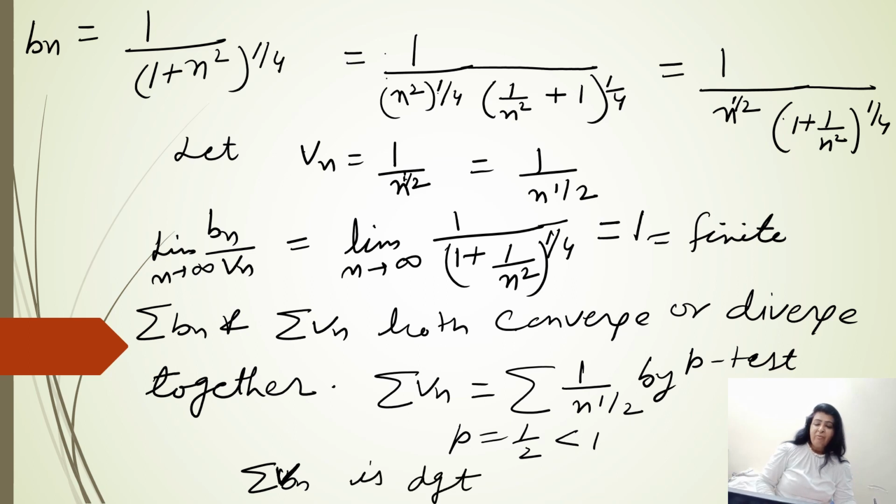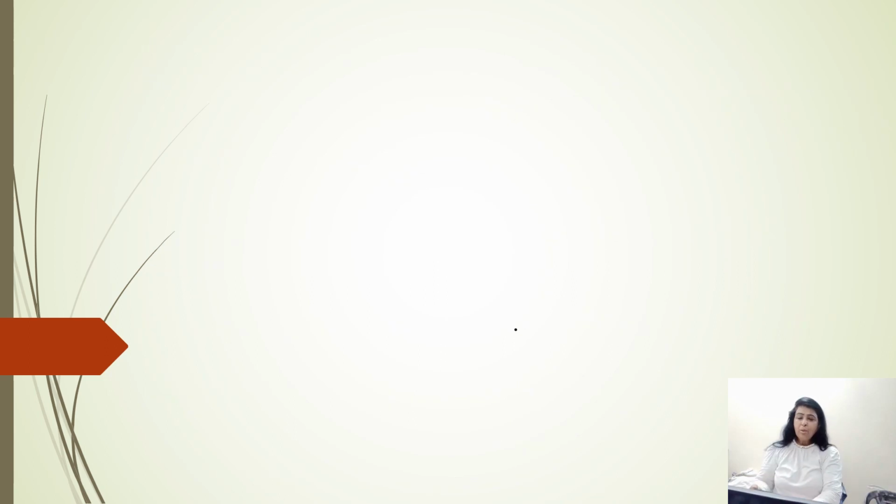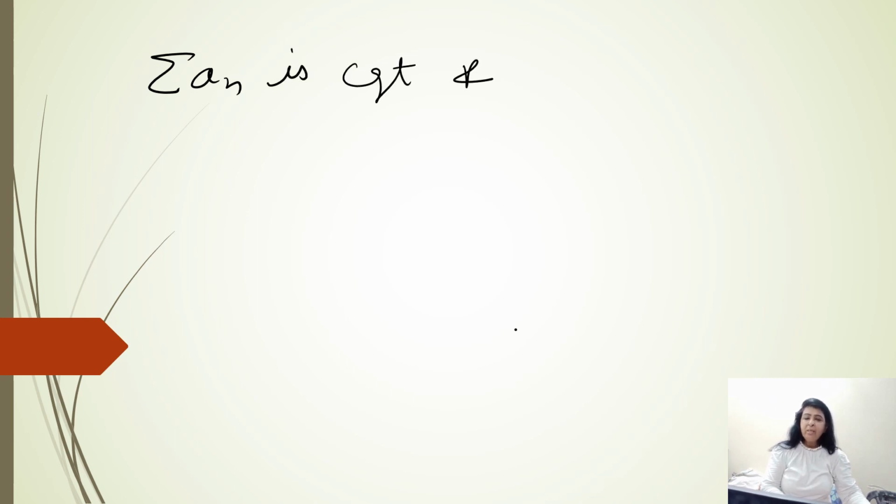Now if sigma Vn is divergent, this implies sigma Bn is also divergent. So what will we get? We get that sigma An is convergent and sigma Bn is divergent.